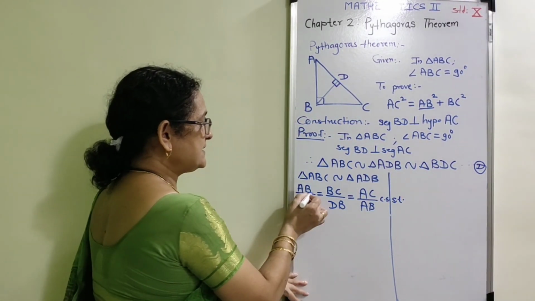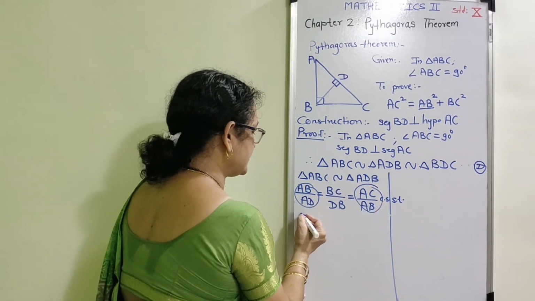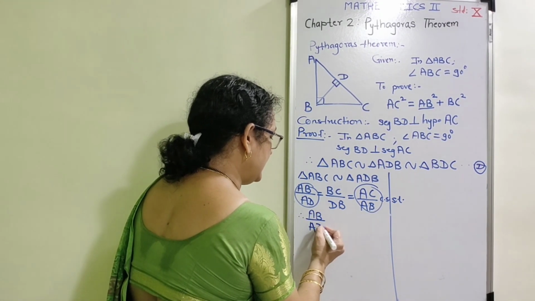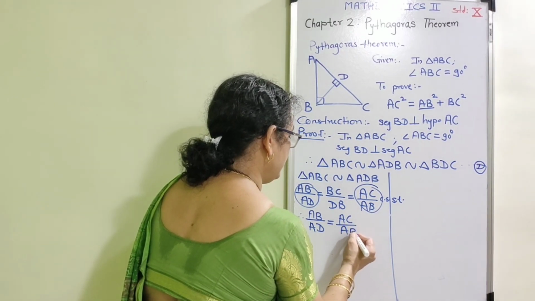Since I want AB square, I will take the first and the last, and therefore AB upon AD is equal to AC upon AB.